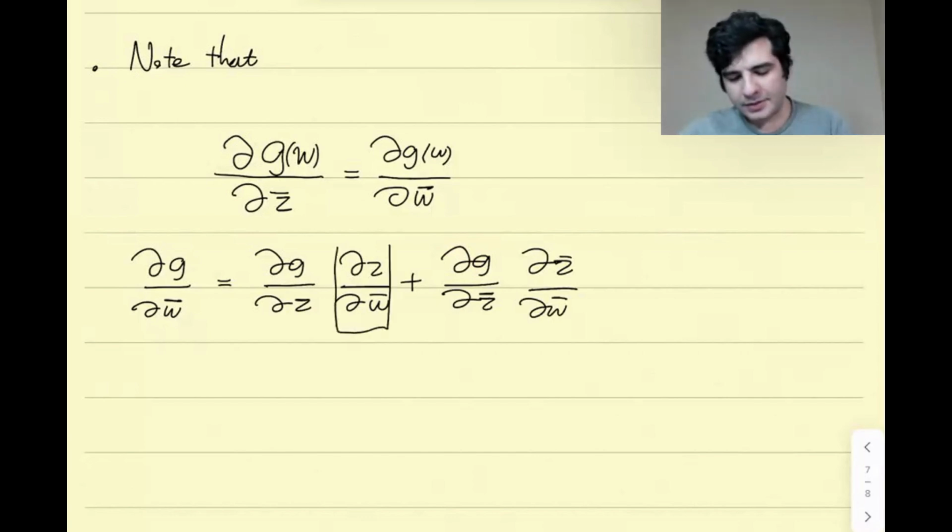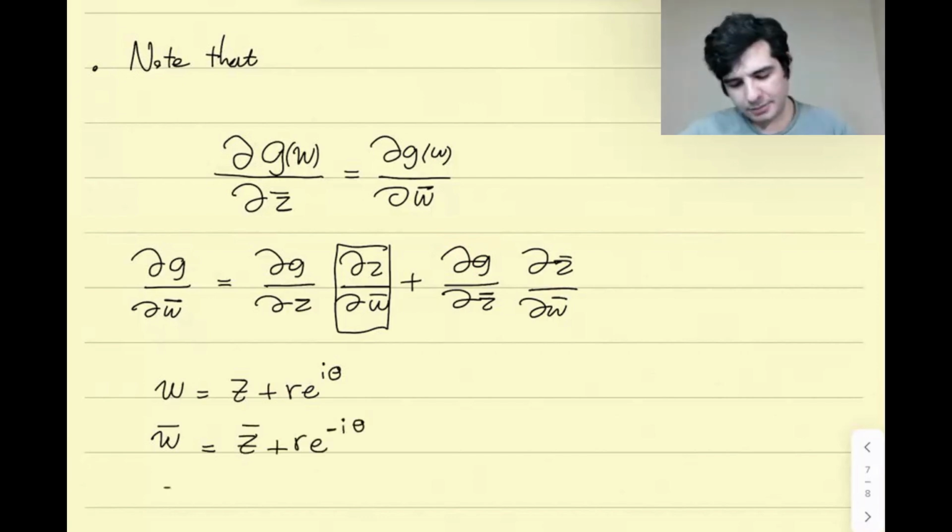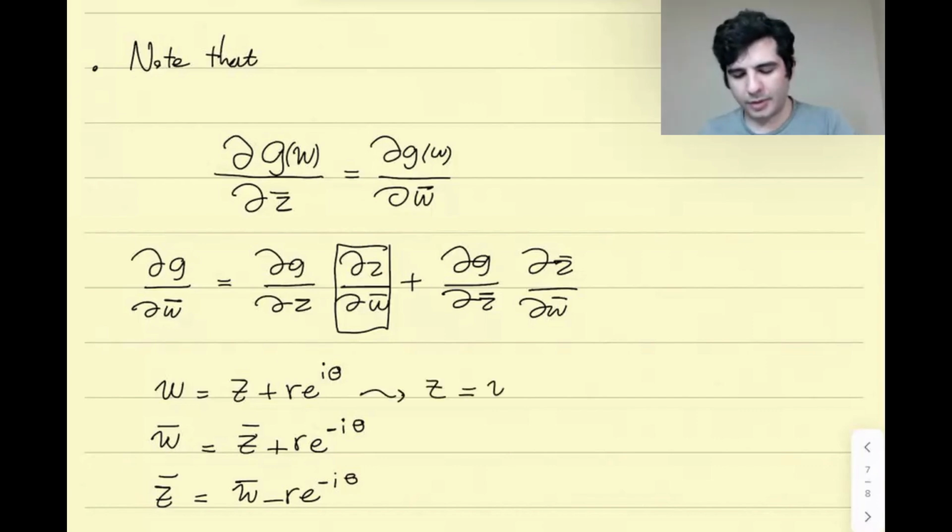So what is derivative of z with respect to w bar? We had w is equal to z plus r e to the I theta. So w bar is equal to z bar plus r e to the minus I theta. So z bar is equal to w bar minus r e to the minus I theta. And also z is equal to w minus r e to the I theta.